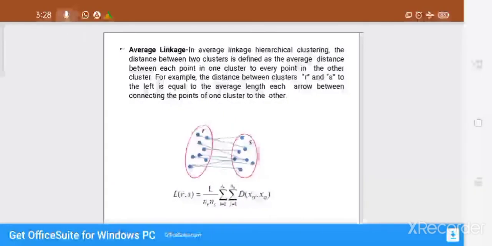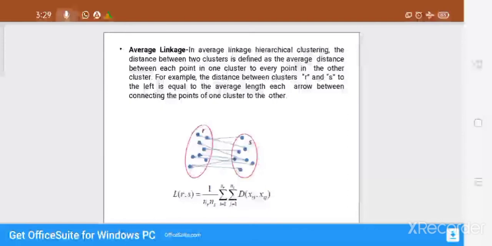Now average linkage. Here, for computing the distance between two clusters, we are considering the average distance between each point in one cluster and every point in the other cluster. So for example, the distance between these two clusters, R and S, will be shown with the help of arrows, giving the average length of each arrow connecting the points of one cluster to the other.